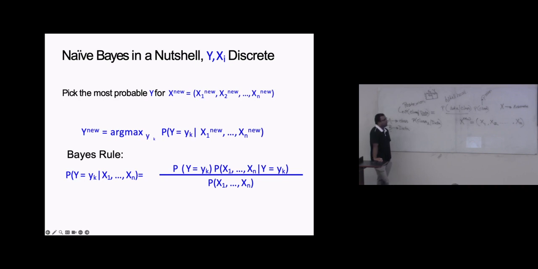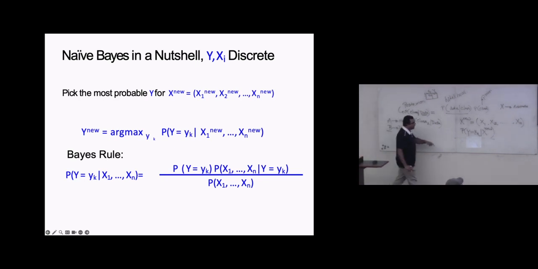Now we need to figure out which class, which label, is most likely for this particular instance. So we need to figure out what is the most likely y, and y could have, let's say, k different values given this x new.